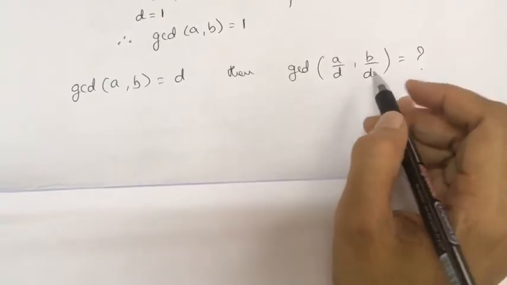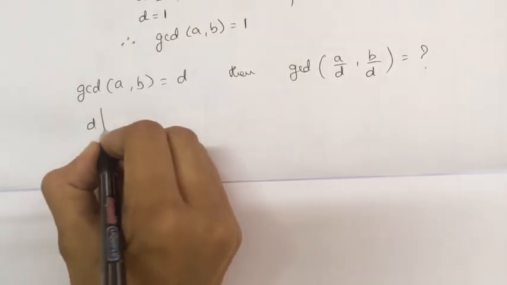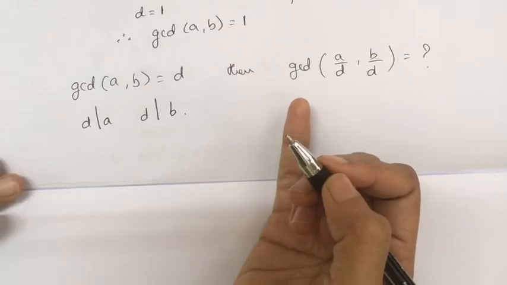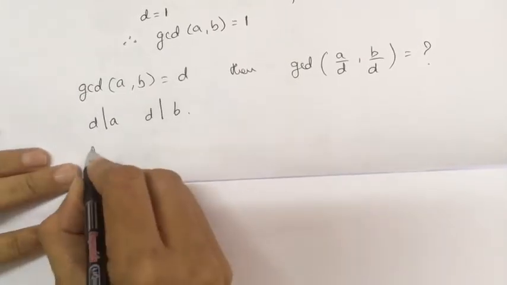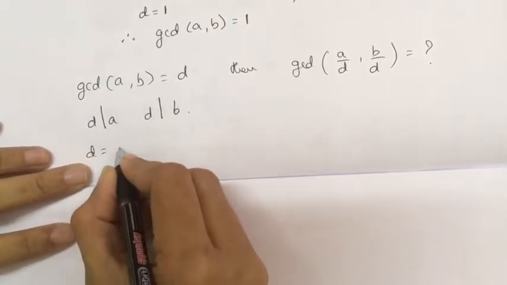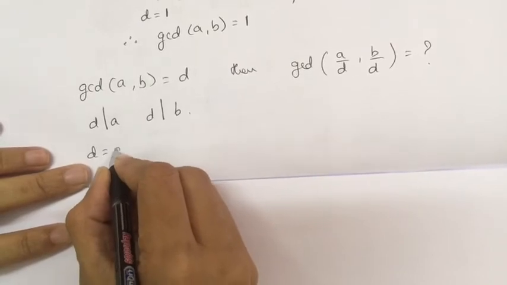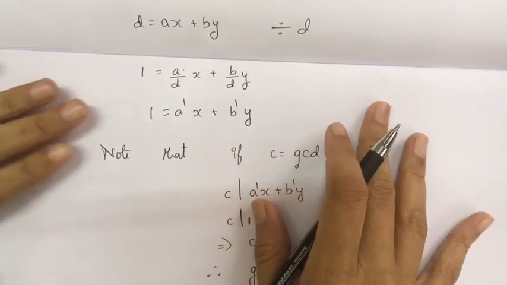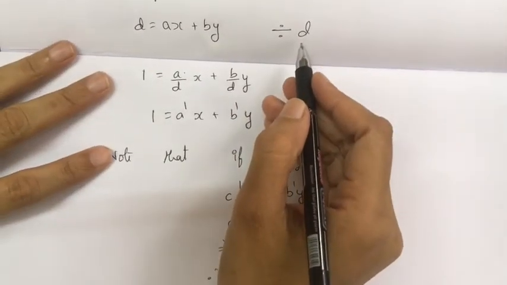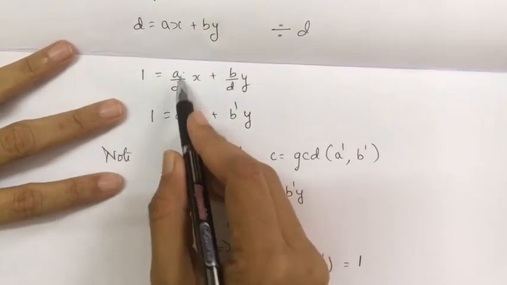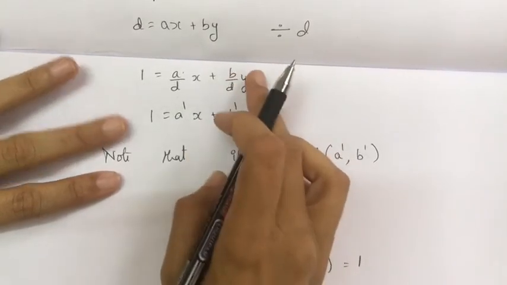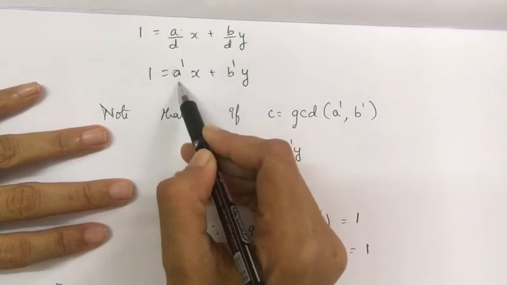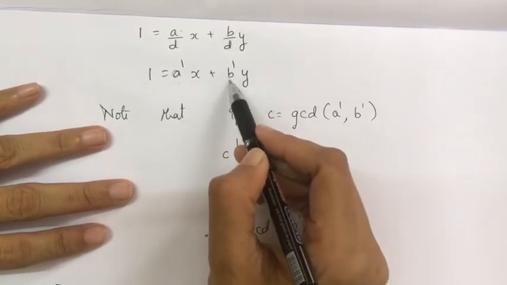But they are integers, and we also know D divides A and D divides B. So for some choice of X and Y, D can be written as AX plus BY. Now if I divide by D, then I get 1 equal to A by D into X plus B by D into Y. I'll rewrite A by D as A dash and B by D as B dash.